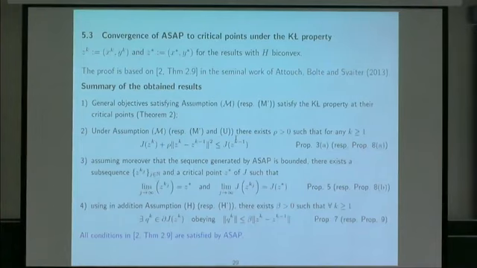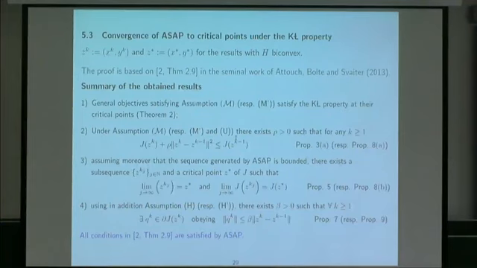Let us make a summary of what we had. The general functions we consider obey the Kurdyka-Lojasiewicz property. Under only the simple assumption, we know that we have a sufficient decrease property. If we assume that the sequence is bounded, then we know that we have these continuity properties, and we know that we have subgradient convergence.